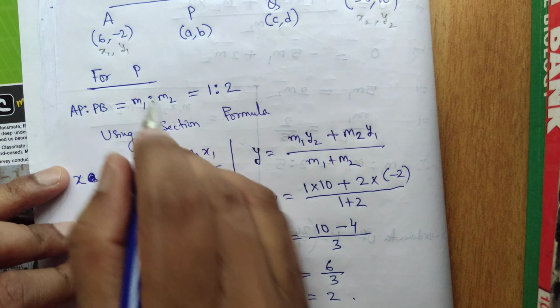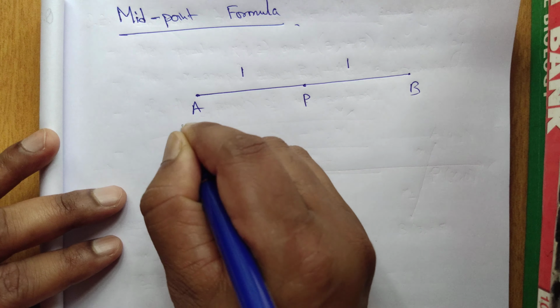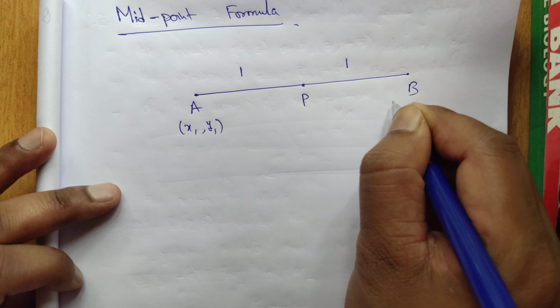But here P is the midpoint of this line segment. That means the ratio is 1:1. So these values are given, x1 y1, x2 y2, and this we have to find. So let's use this ratio and see what changes we find in the section formula.